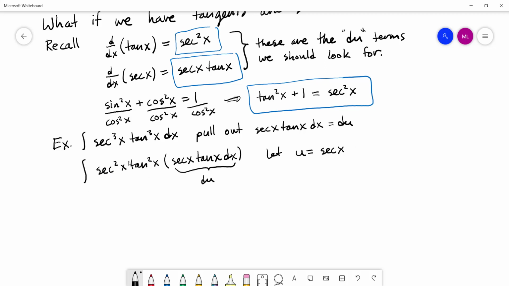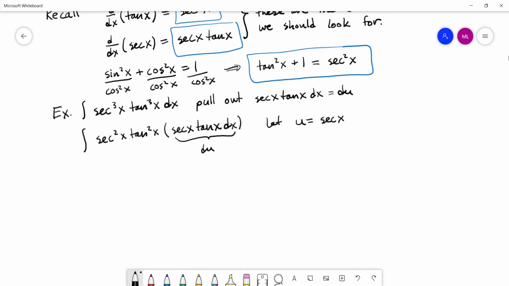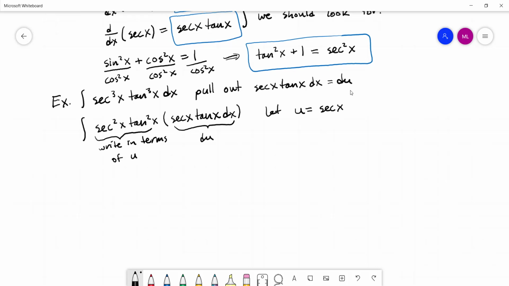This part is good, but this tangent squared I need to rewrite in terms of secant. And luckily, I have a way of doing that right here. So we want to write all of this in terms of u, and for us, that u is secant of x.